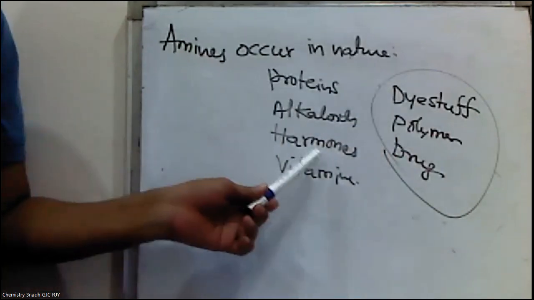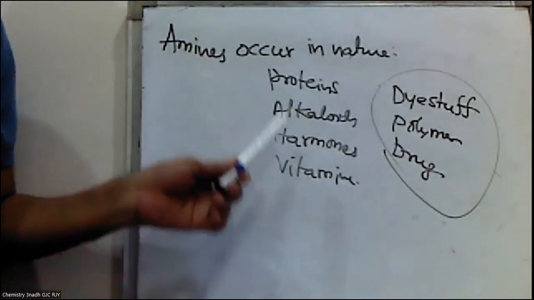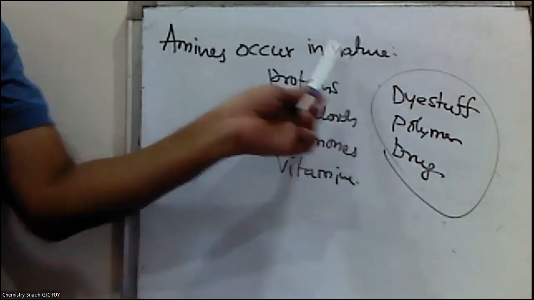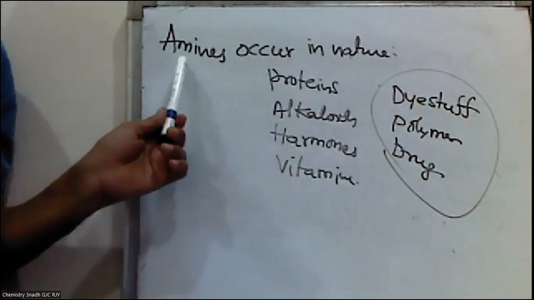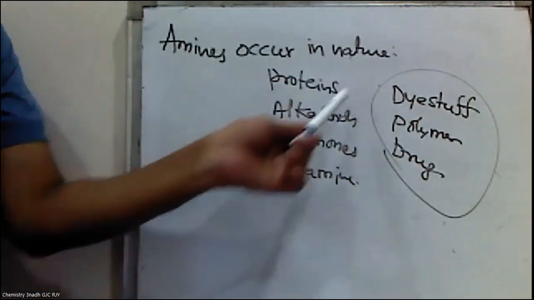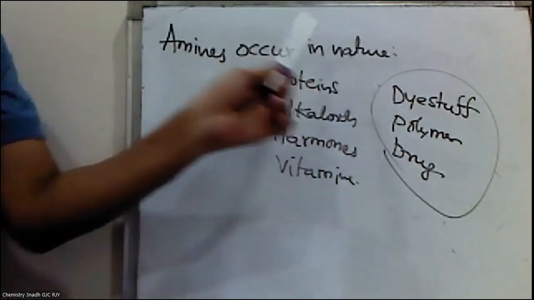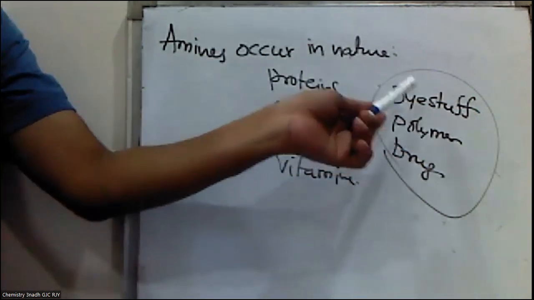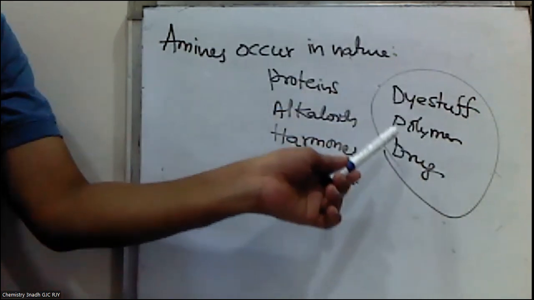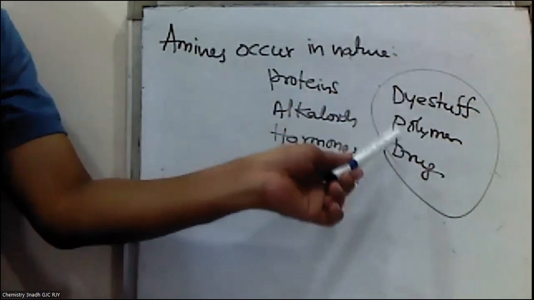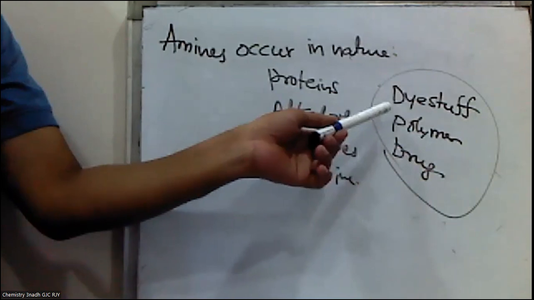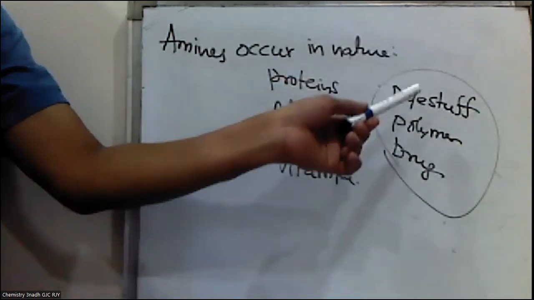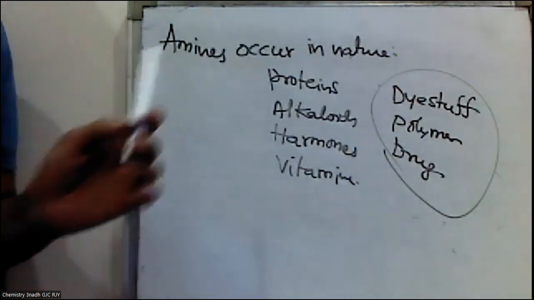Proteins, alkaloids, hormones, and vitamins are nitrogen containing compounds which are available in nature in the form of amines, whereas dyestuffs, polymers, and drugs are prepared by synthetic methods.